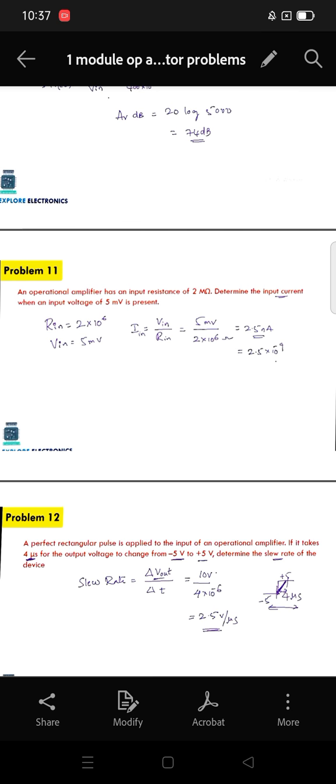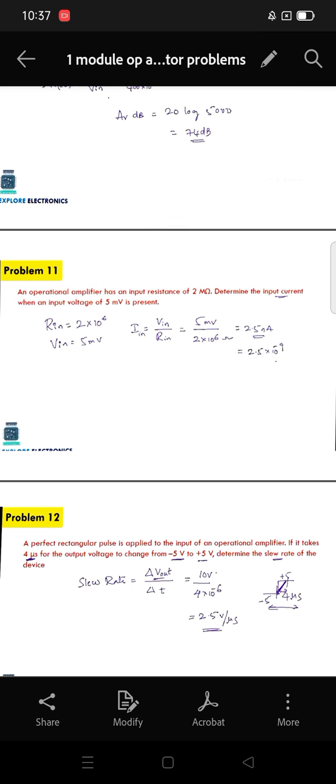An operational amplifier has an input resistance of 2 mega ohm. Input resistance means Rin equals 2 into 10 power 6, since 10 power 6 means mega. Determine the input current when an input voltage of 5 millivolt is present. Input voltage is given, input resistance is given.